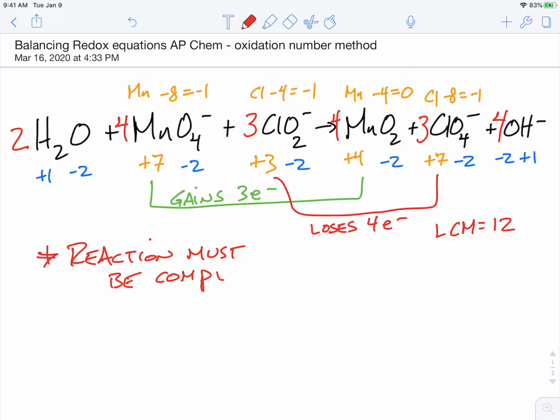If there are things that are missing in the equation, which we're going to encounter in our other methods, then we would use those other methods. And probably what's going to happen on the AP exam and on our exam is that you would be required to be able to demonstrate that you could balance it in one method versus the other.